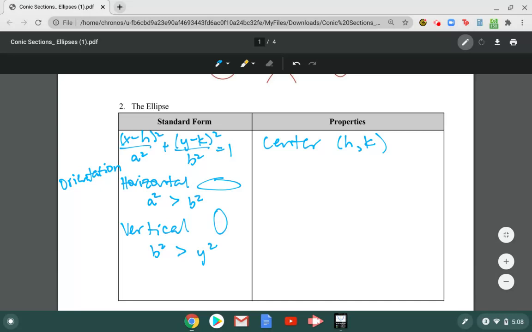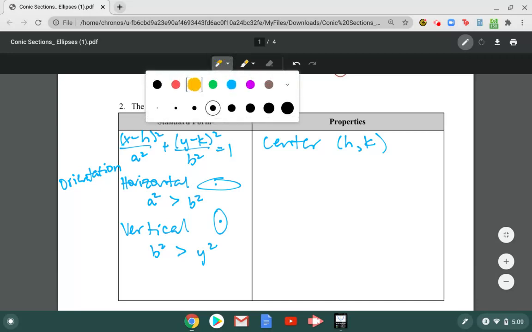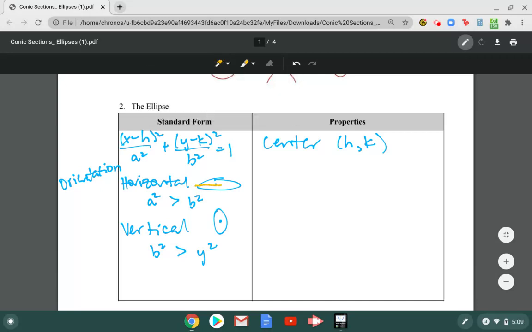Okay, so we've got our center. I'm going to go ahead and go through this for a horizontal orientation. Our center is going to be placed the same regardless of orientation. If I'm working on a horizontal orientation, that means that my major axis, the longer one, is horizontal.